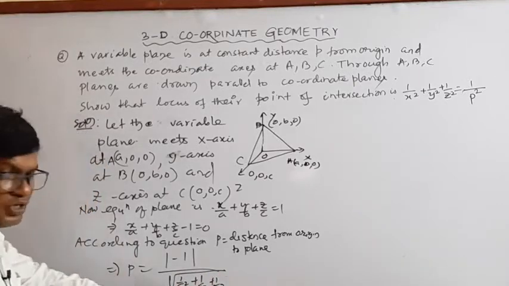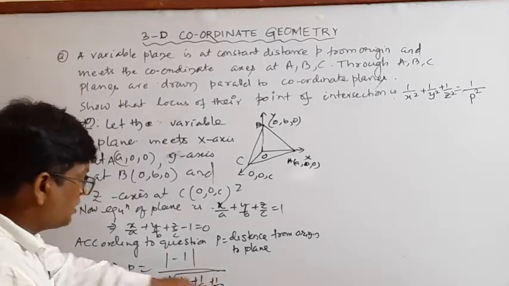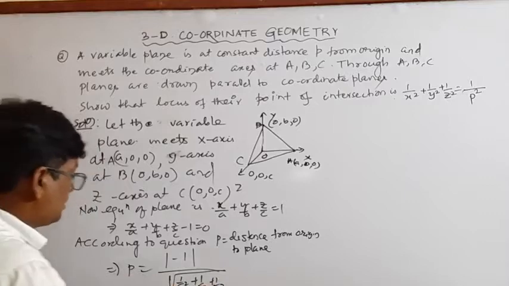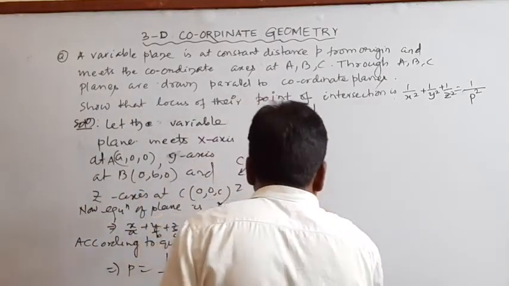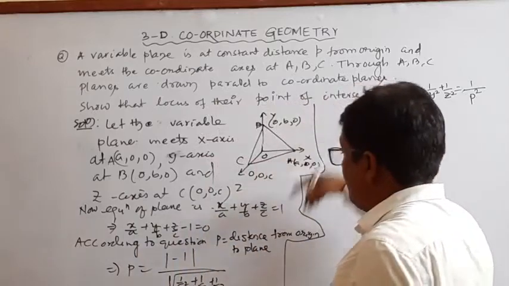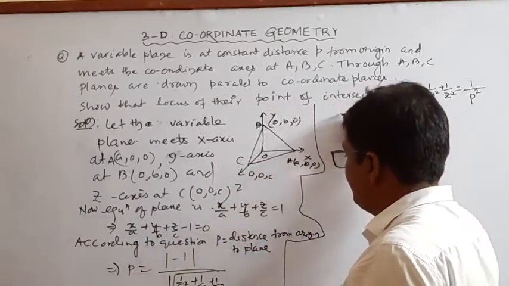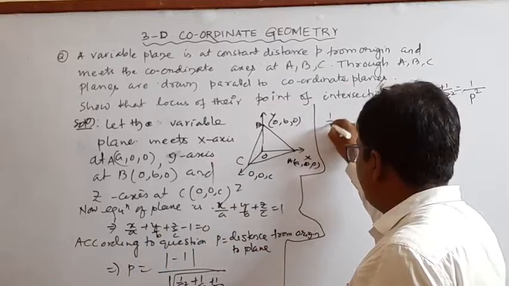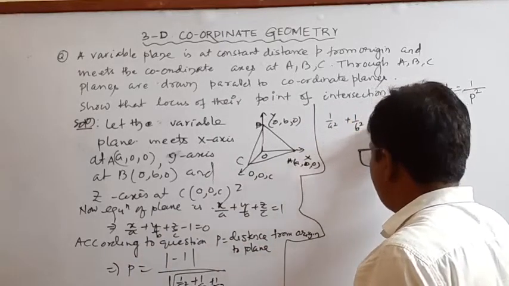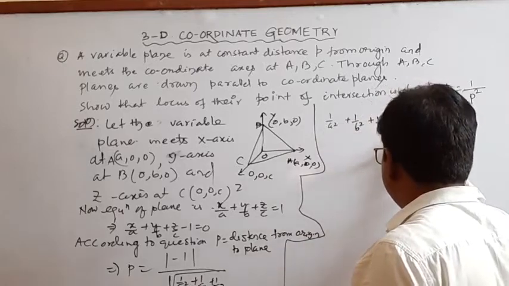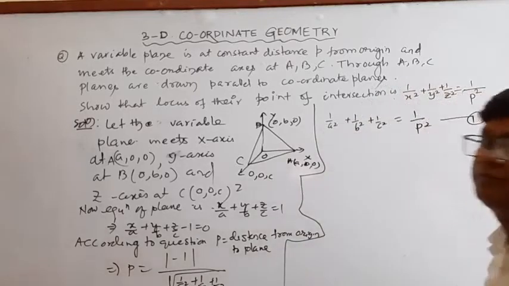So p is equal to 1 over that square root. Reversing this and squaring, 1 by a square plus 1 by b square plus 1 by c square is equal to 1 by p square. Suppose this is equation 1.